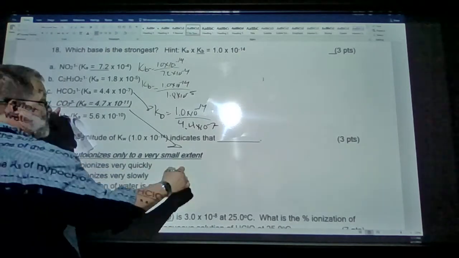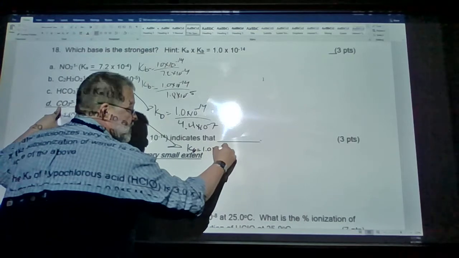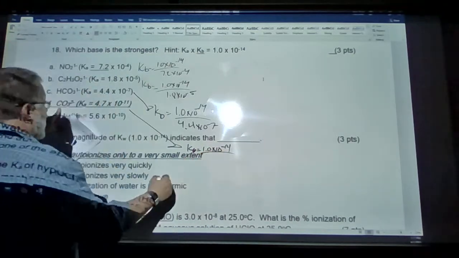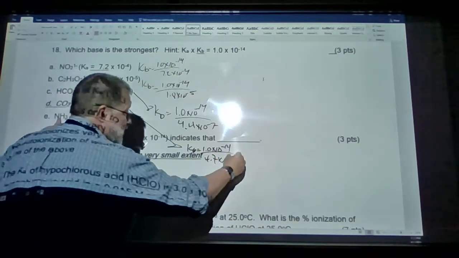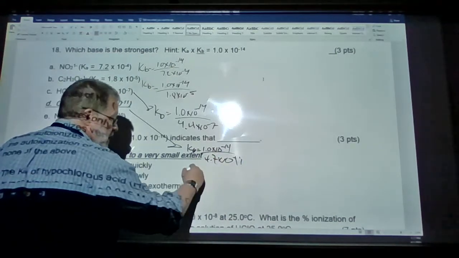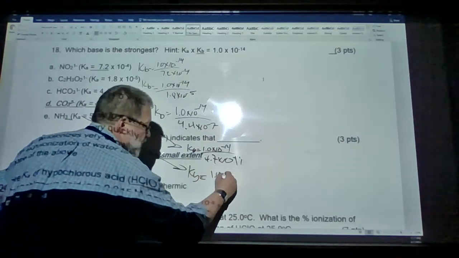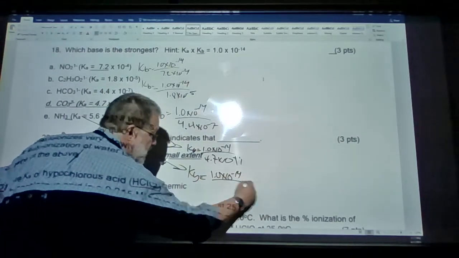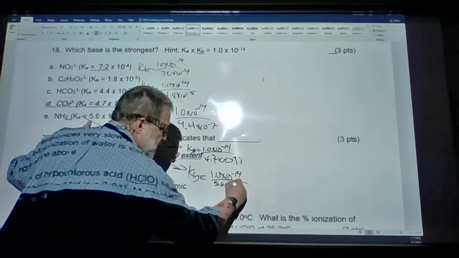This one, Kb is 1.0 times 10 to the minus 14th divided by 4.7 times 10 to the minus 11th. Kb for ammonia is 1.0 times 10 to the minus 14th divided by 5.6 times 10 to the minus 10th.